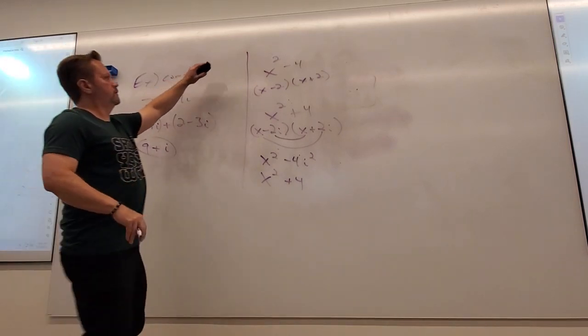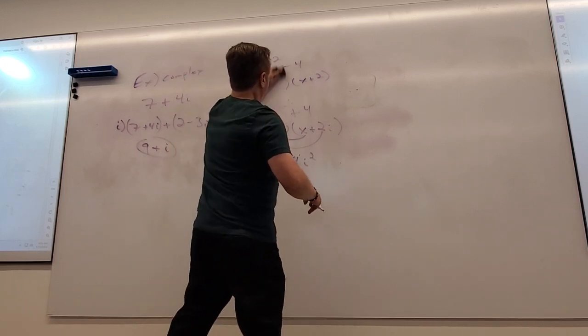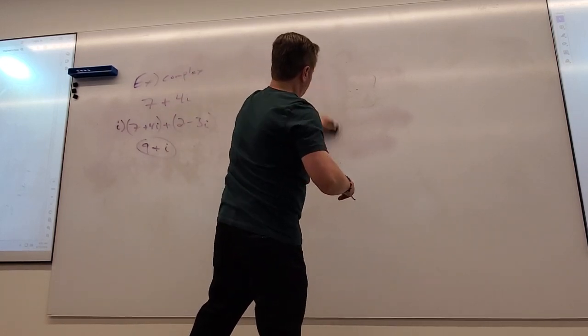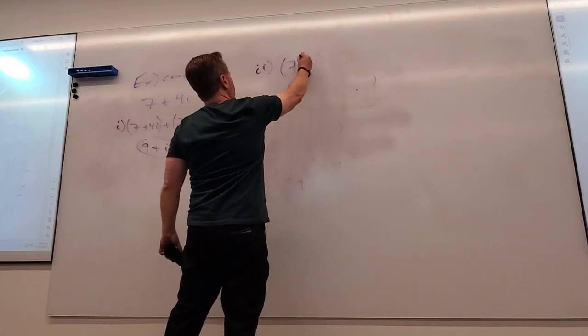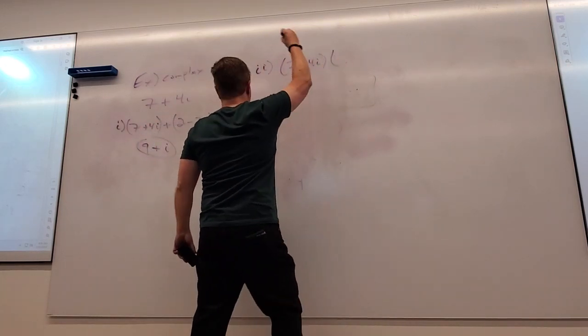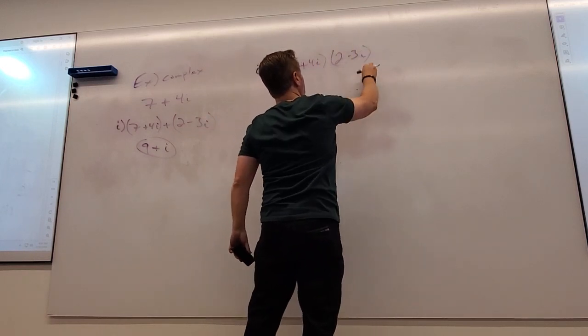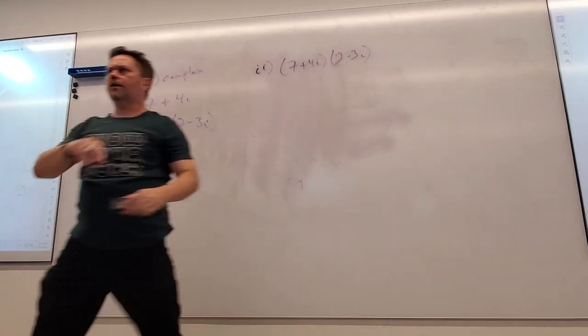What about this? 7 plus 4i times 2 minus 3i. Take a minute and try to do that.